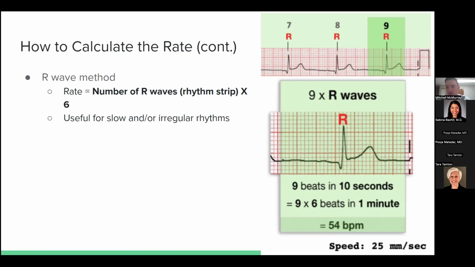If you multiply that by 6, that's 1 minute. So you can get a heart rate that way. Again, that's super useful for irregular rhythms because the computer printout is assuming that it's all regular, and in atrial fibrillation the beats are occurring at different times. So that's helpful.